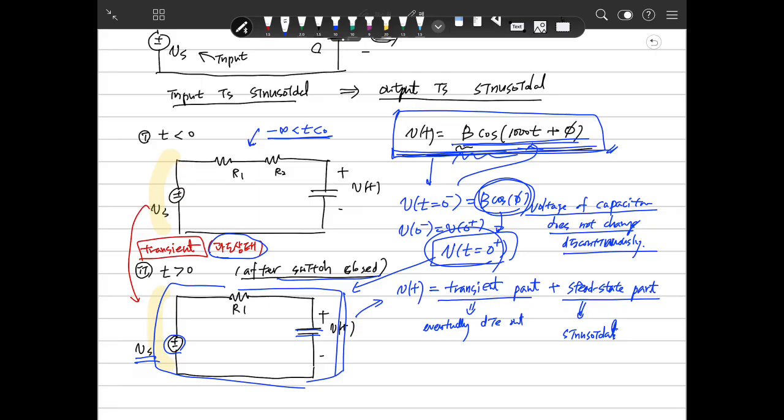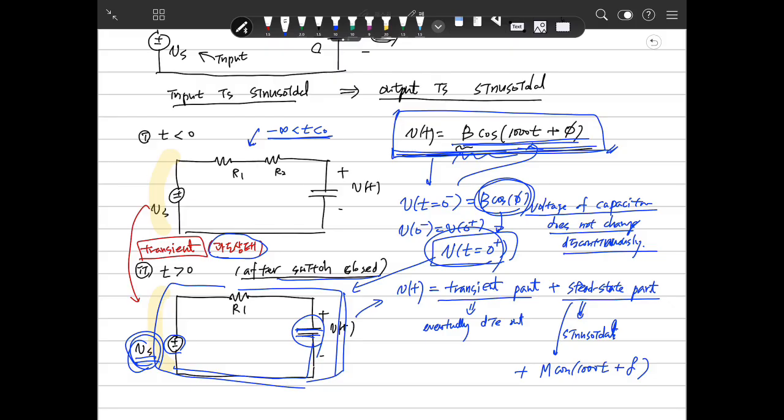So generally, because the source is continuous and sinusoidal, the steady state part will be continuous and sinusoidal, so M cosine(1000t plus another phase). And because this circuit has only one capacitor, this is a first order circuit.